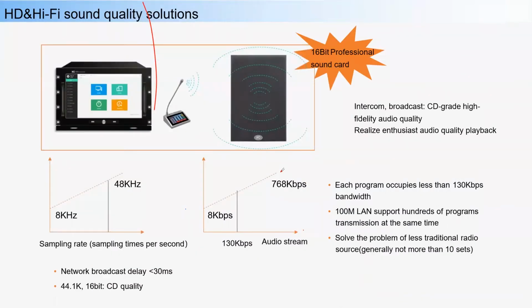And this system comes with HD and hi-fi sound quality. The sampling rate reaches 48 kHz, with 768 kbps audio streaming, which means we will have a perfect sound quality.